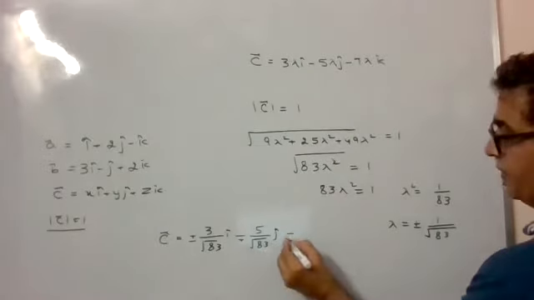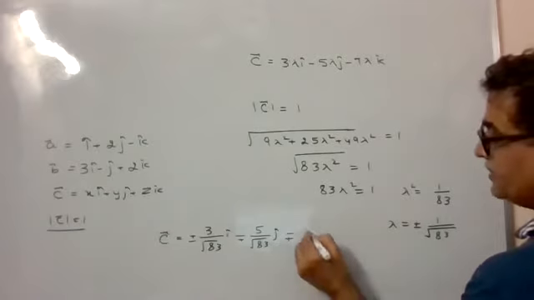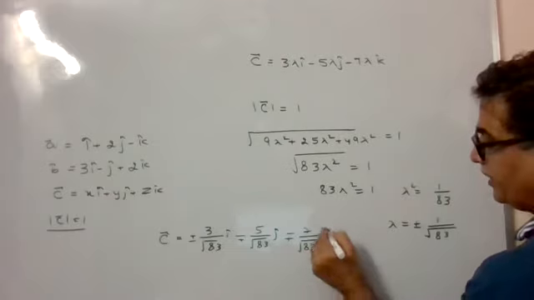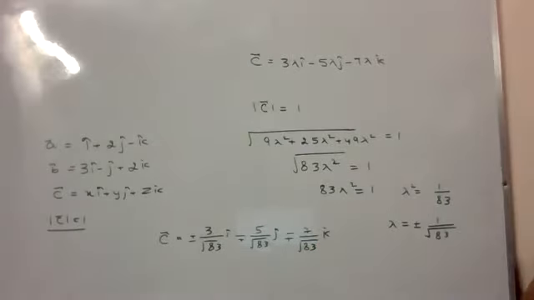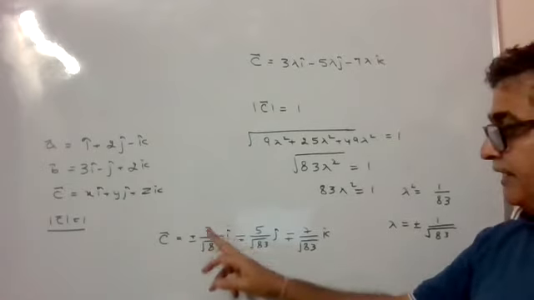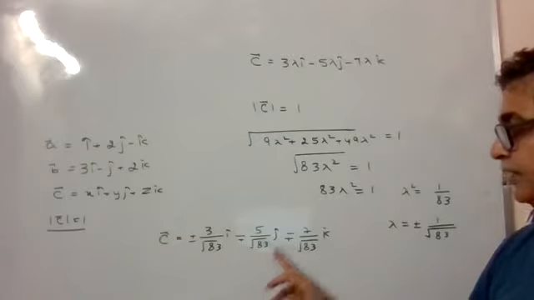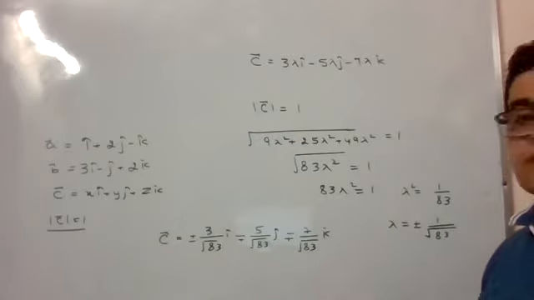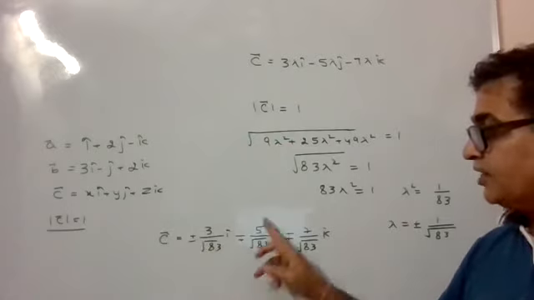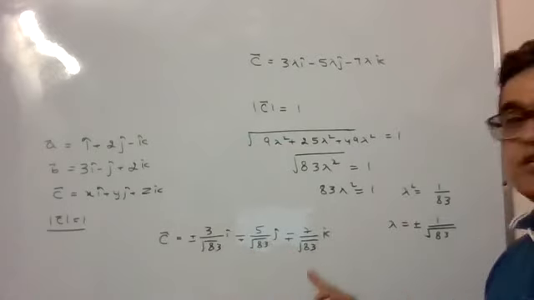Then it is again minus plus, this will come out to be 7 by root of 83 k cap. So what are the components now? First time we'll take plus 3 by root 83, minus 5 by root 83, minus 7 by root 83. And second time we'll take minus of 3 by root 83, plus of 5 by root 83, plus of 7 by root 83.